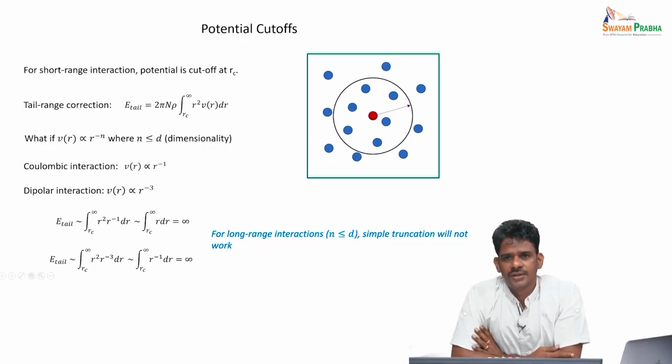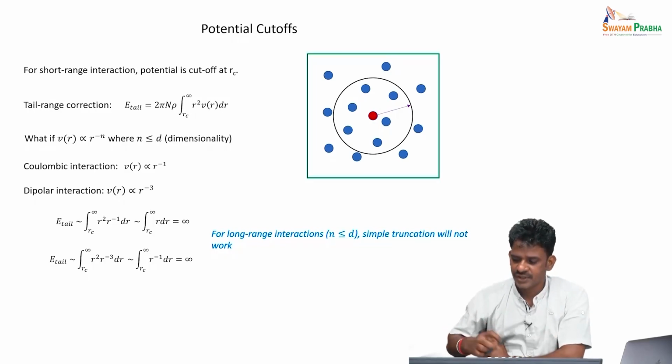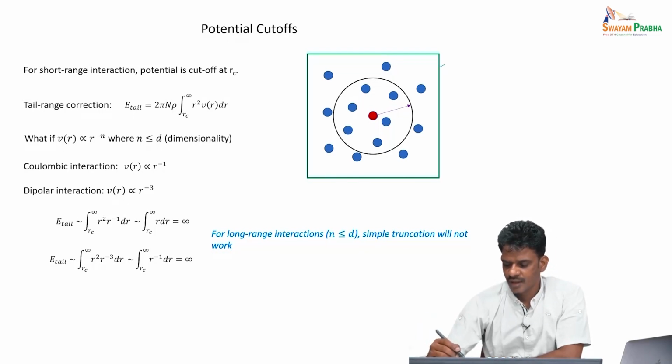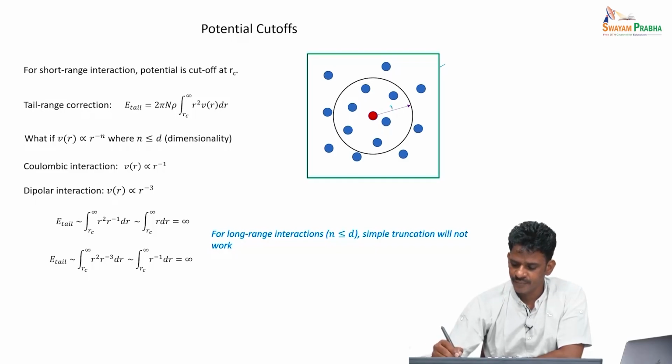So, just to recap the way we handle force calculation in MD, we have this simulation box here. About a target molecule or an atom, we specify a particular potential cutoff or radial cutoff RC, and then we look at all the neighbors within this spherical cutoff and include only those neighbors in the calculation of forces or energies.